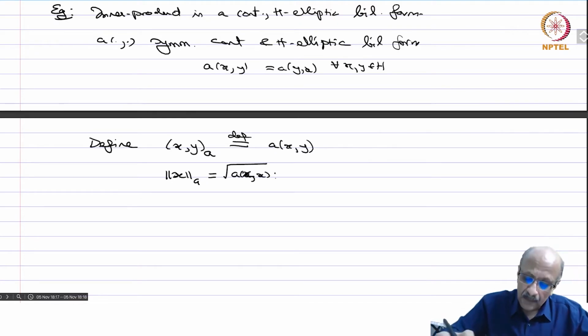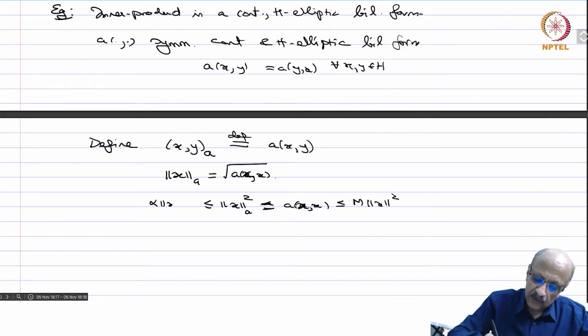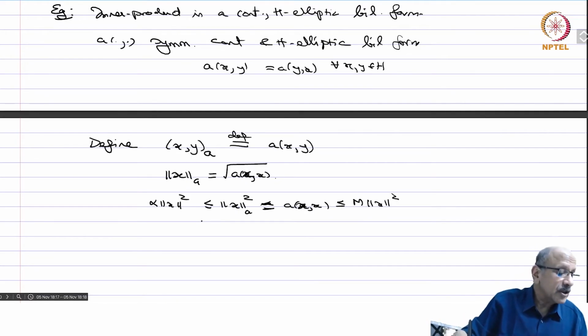So this gives you a norm, and in fact this norm is equivalent to the original norm, because norm x_A squared is equal to A(x,x), that's less than or equal to M times norm x squared by the continuity, and greater than or equal to alpha times norm x squared. And therefore you have norm x_A is equivalent to norm x. So you get an equivalent norm and you have a new inner product.